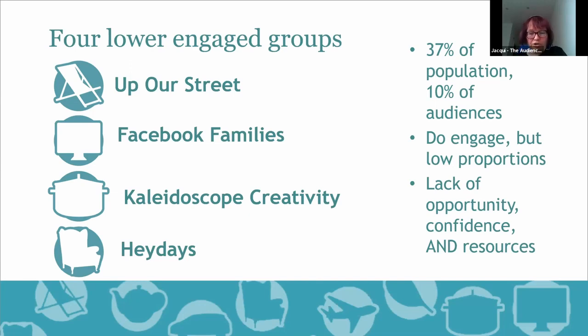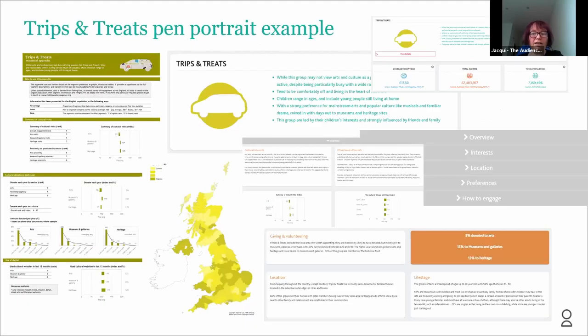So there's lots of information that is available about all of the segments to understand what their drivers and barriers might be and how to reach them. And you can find all of that in the online pen portraits. So there are layers and layers of information available. And this includes people's interests, including what they do in their leisure time outside of arts and culture. So you can start to think about people in the round.